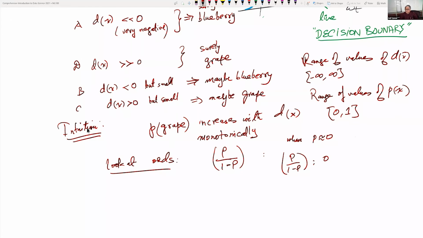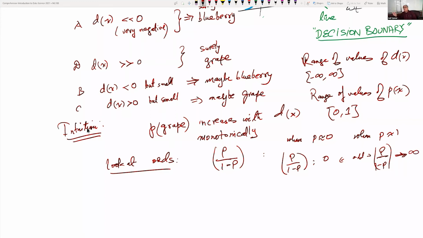When P is approximately equal to 1, then the odds, P over 1 minus P, tends to infinity for very high P. That is what common people say, right?